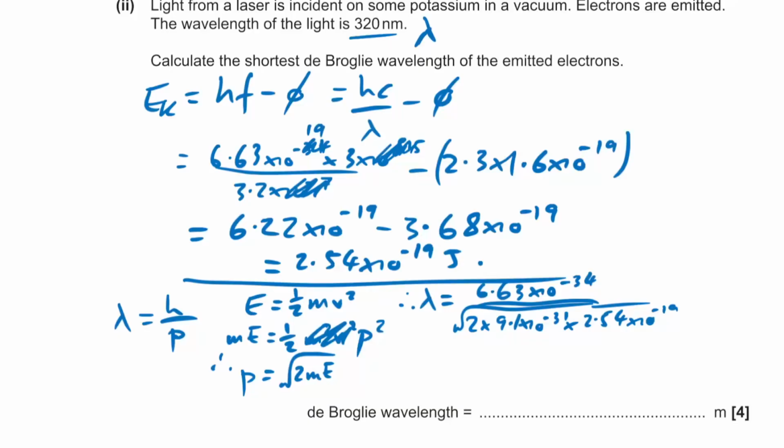Square root of, I'm just going to do the bottom bit first, and then do h divided by that, and I end up with 9.75. Let's go to 2 sig fig, so 9.8 times 10 to the minus 10 meters. Phew. So we have two wavelengths there for starters. Don't get confused between the wavelength of your photon and the de Broglie wavelength, and then it's just a matter of figuring out how energy matches up with momentum when it comes to using the de Broglie equation.